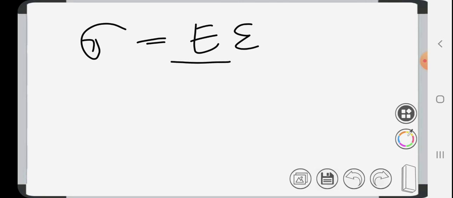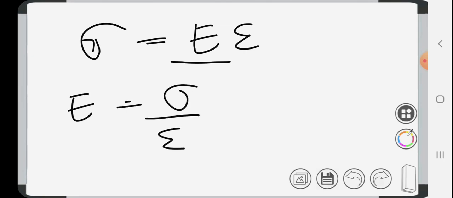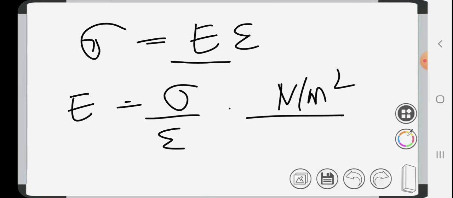E is equal to sigma by epsilon, right? Sigma's unit is Newton per meter square, force per area, or Pascal. Epsilon has no unit, right?